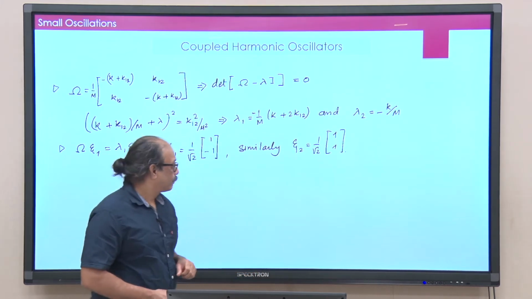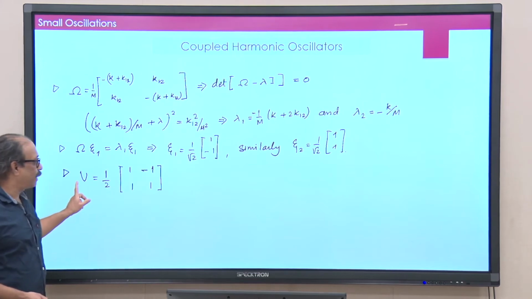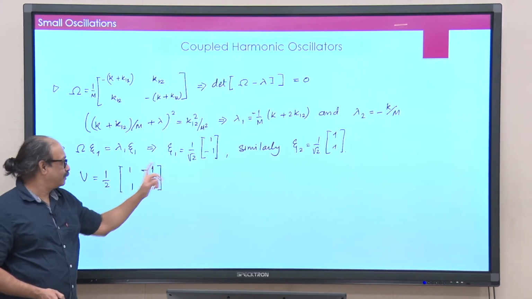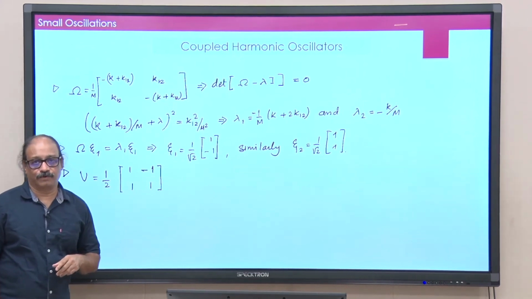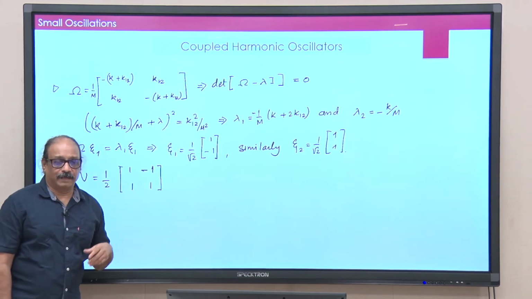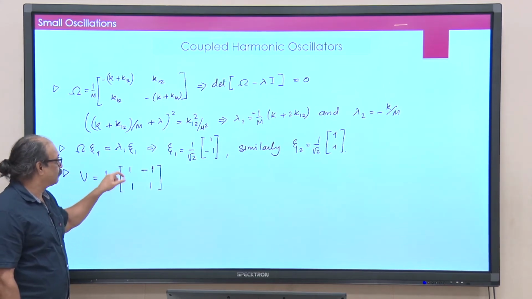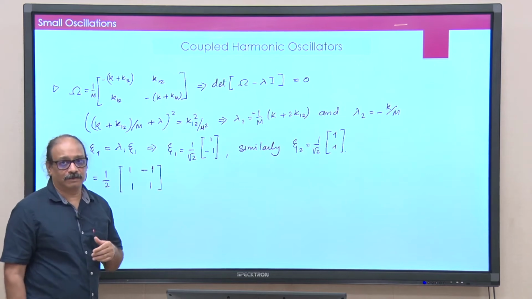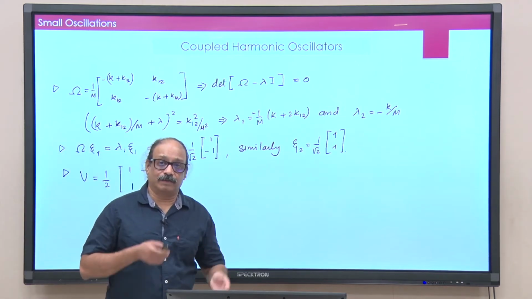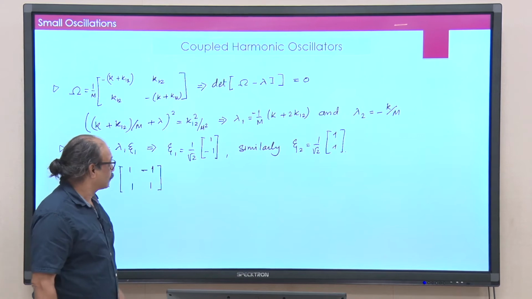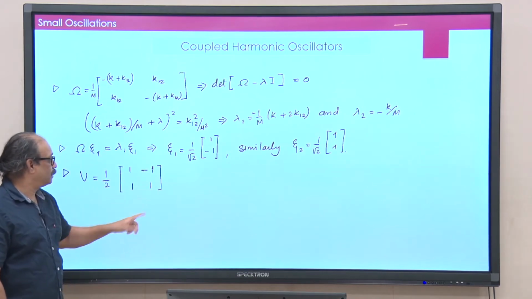And now I can construct the U matrix by putting xi 1 and xi 2 along the rows of the U matrix. It typically depends on whether you put them in columns or rows, depending on the way you wrote your transformation matrix. So, here you will be putting them in the rows.